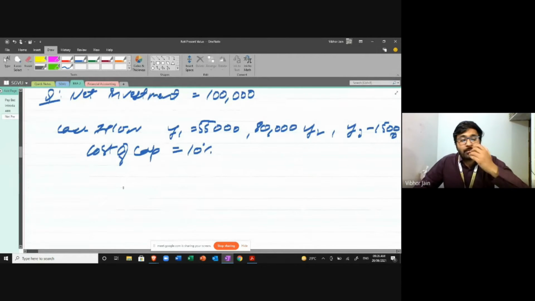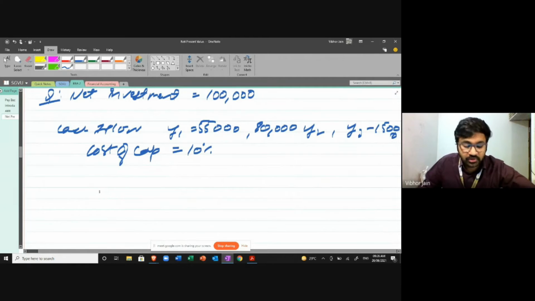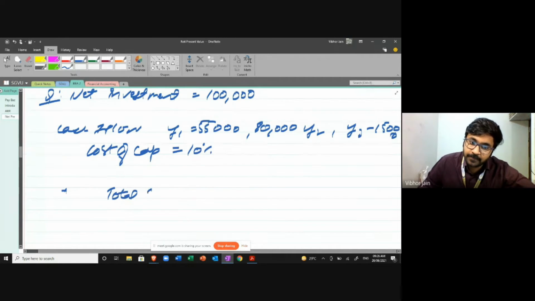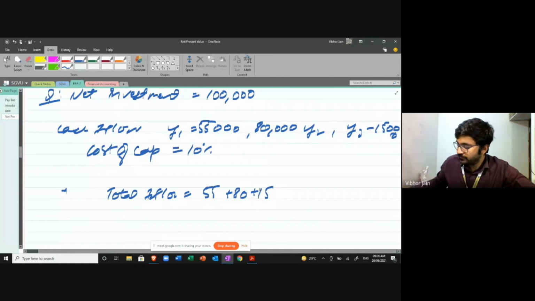If you don't know the principle of time value of money, what would you have done? Maybe you would calculate the total inflow: 55 plus 80 plus 15, which is 150, or 1,50,000.